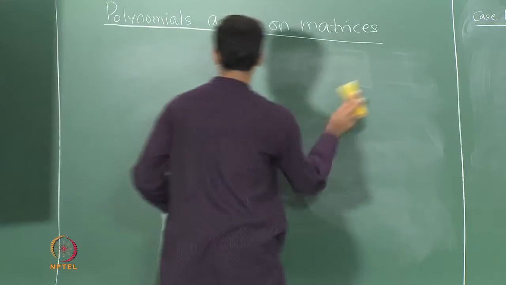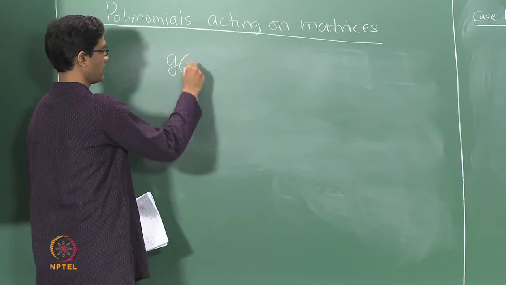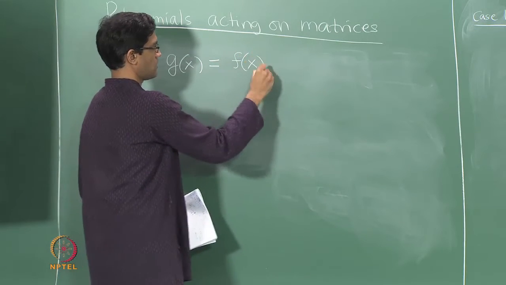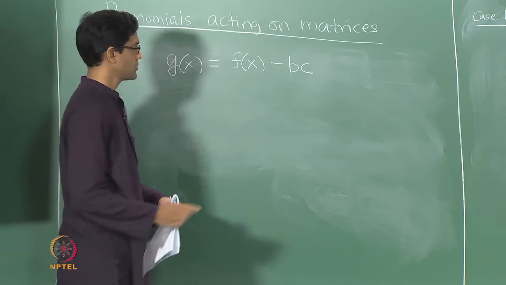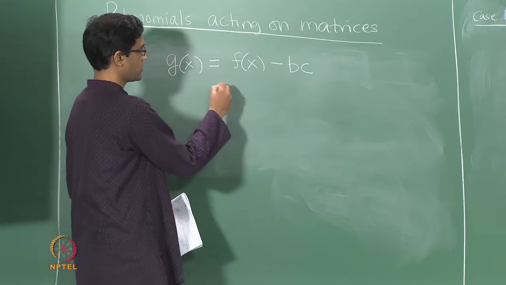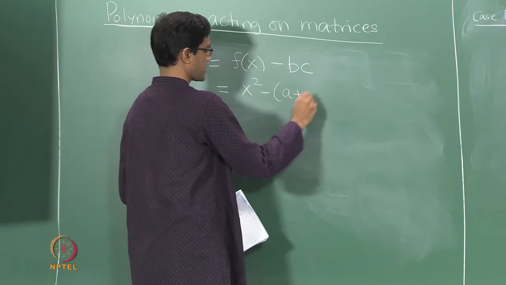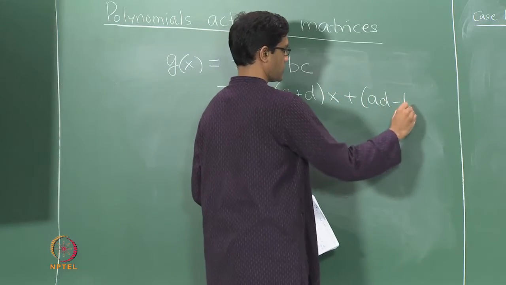We just subtract the bc term as well. So now here is the final answer that is suggested by what we just did. You take f of x, but from that you subtract off bc. Subtracting bc from f of x means, well, this is x squared minus (a plus d)x plus ad minus bc.